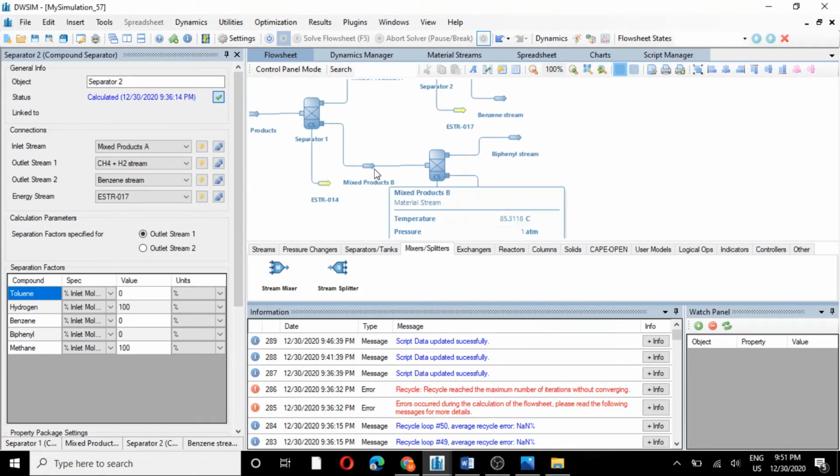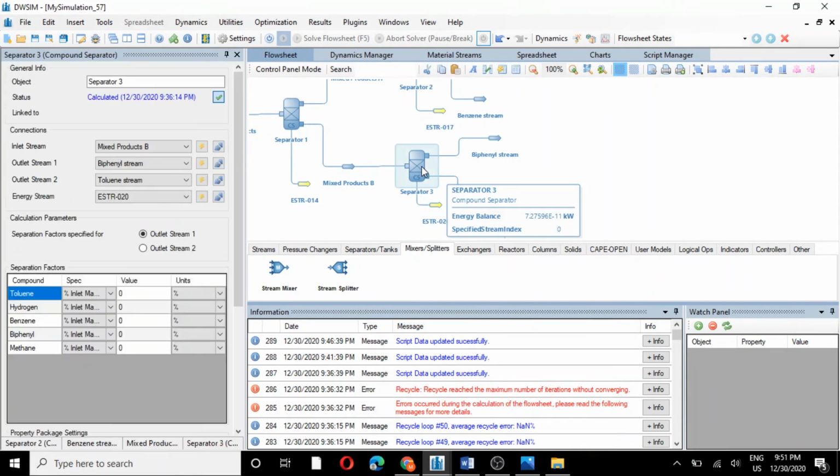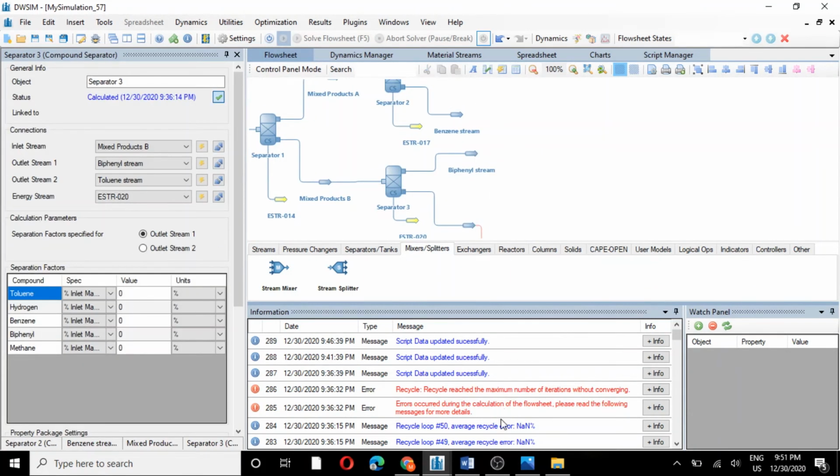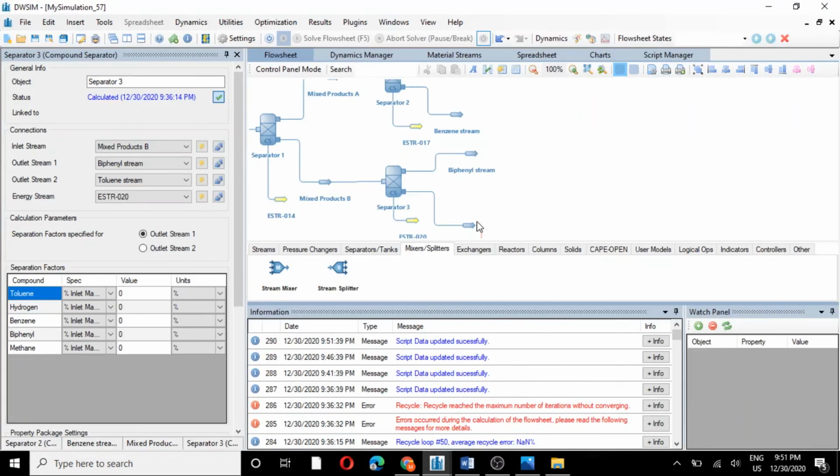Okay, and in the mixed products B we have the biphenyl and toluene. In the problem, the biphenyl also exits 100%.